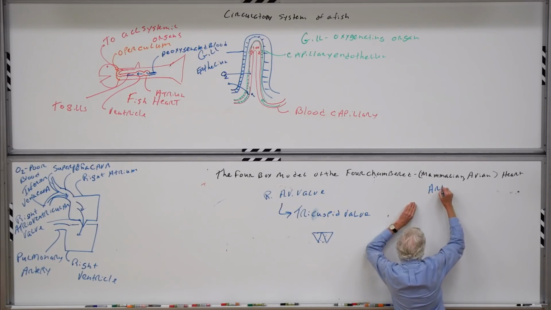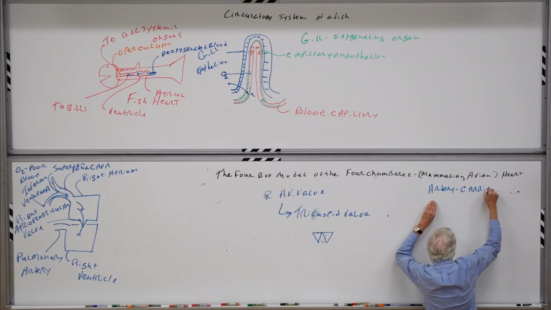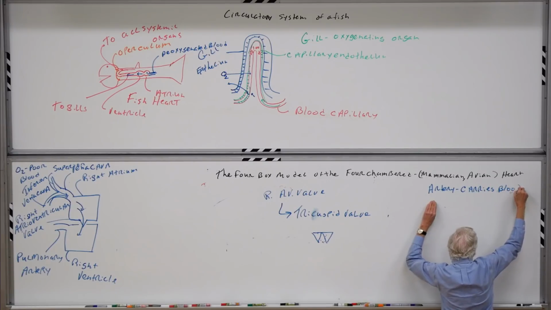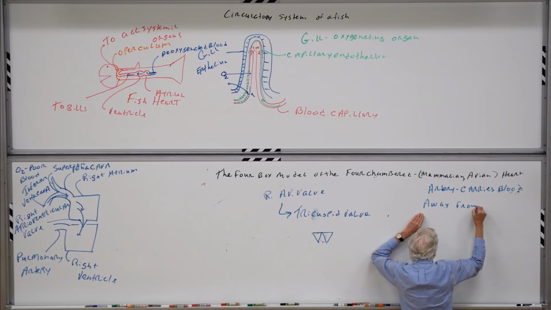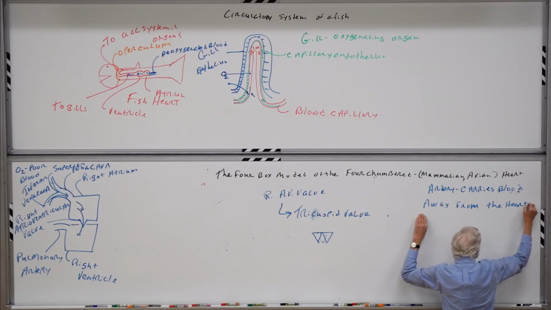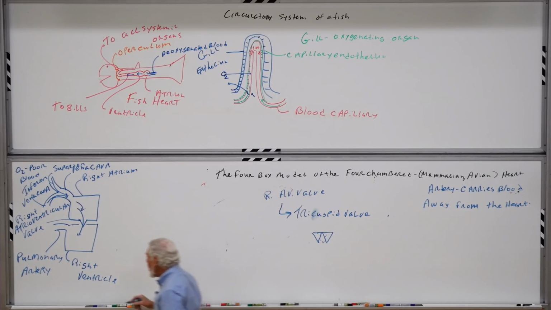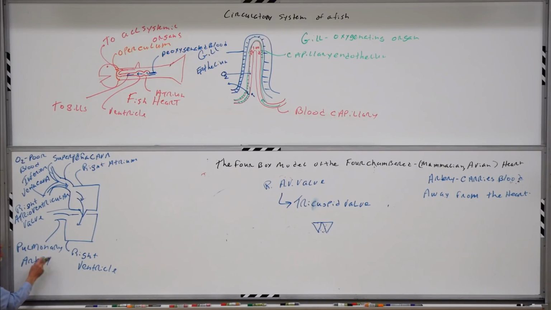An artery, by convention, carries blood away from the heart. And again, there's meaning in the terminology. It's the pulmonary artery. This is the tube that's carrying blood away from the heart toward the lungs.